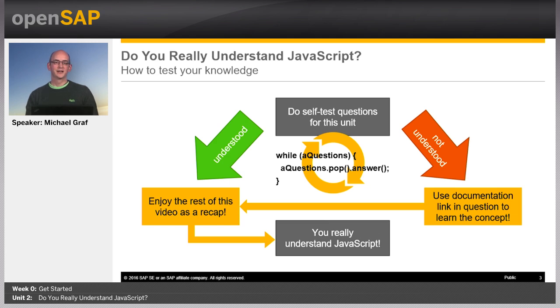Each question contains a link to one of the tutorials shown before that explains the concepts in more detail. Read a bit about the JavaScript concepts and try again. Once you have most of the self-test questions answered correctly, continue with this video where I explain more details. Then you will really understand JavaScript and are more than ready to start this course. So please press pause now and do the self-test questions.